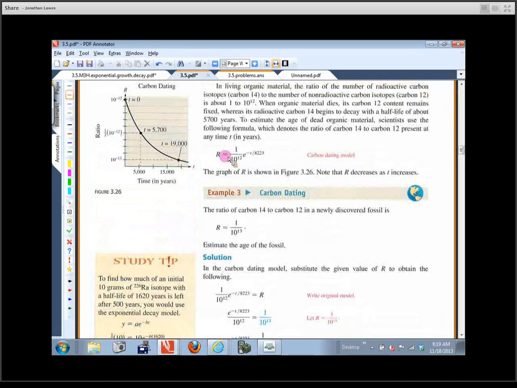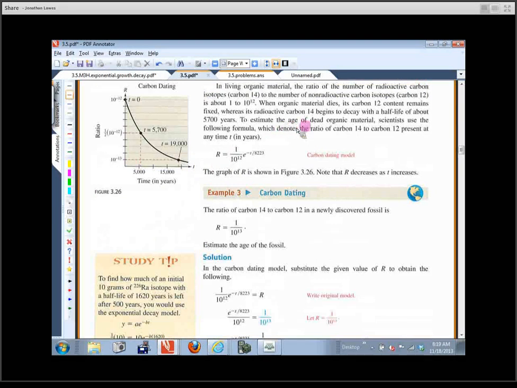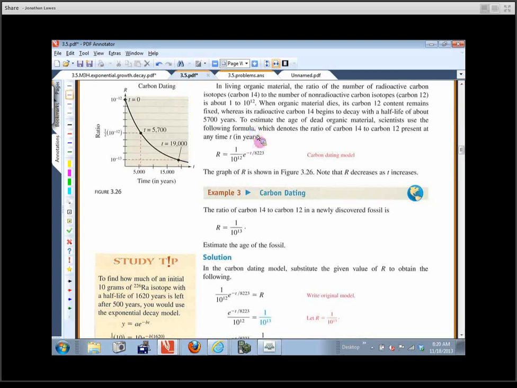So on this right here, it says, to estimate the age of dead organic material, scientists use the following formula. What's nice about this is they give you the formula, which denotes the ratio of carbon-14 to carbon-12 present at any time t.